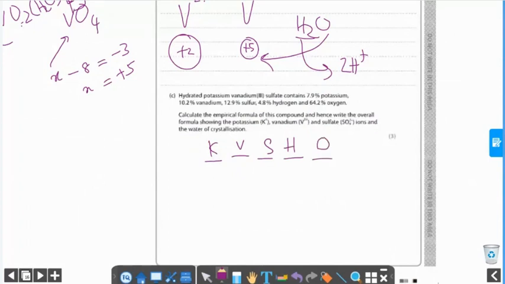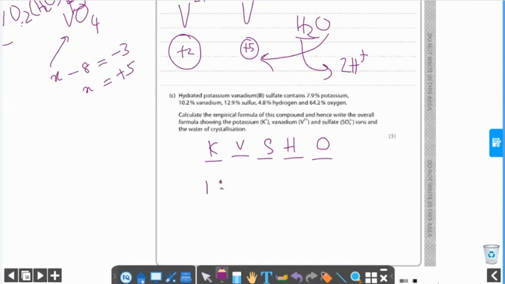Potassium, vanadium, sulfur, hydrogen, oxygen. Calculate the empirical formula of this compound, hence write the overall formula showing the potassium, vanadium 3+, and sulfate ions and water of crystallization. What's the ratio here? You divide the percentage by the molar mass, and that gives the ratio.